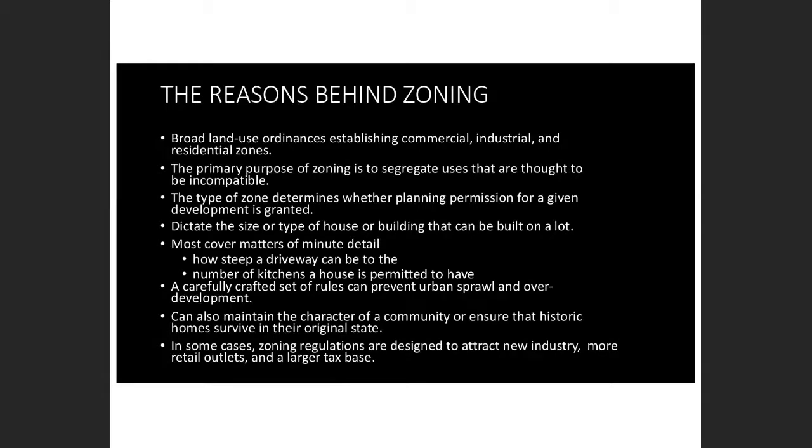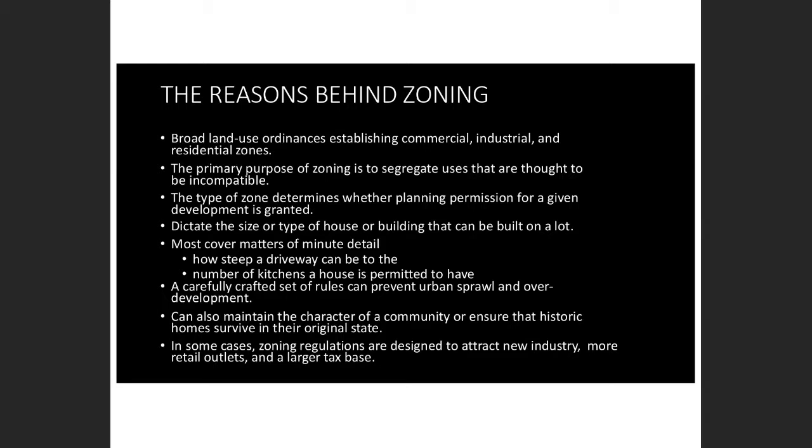So the idea of zoning is to separate uses and try to keep undesirable things away from residential areas. And zoning also determines what can and cannot be built on a certain parcel.